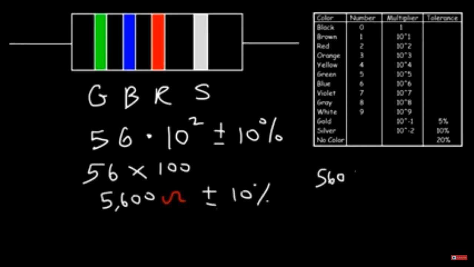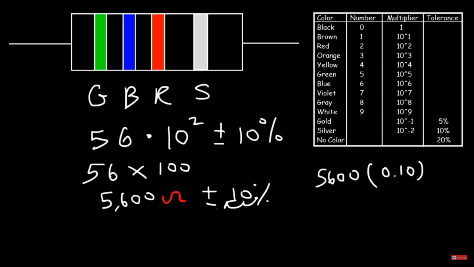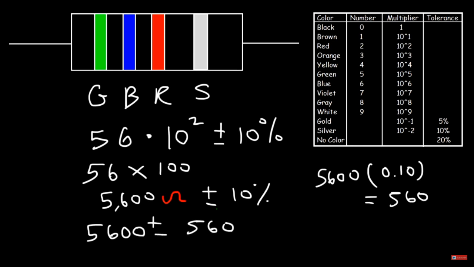Now let's calculate 10% of 5600. So 5600 times 10%, which is 0.10. To convert a percentage to a decimal, you can divide by 100 or move the decimal point 2 units to the left. 5600 times 0.10 is 560. So basically, we need to add or subtract 560. 5600 plus 560 is 6160, and 5600 minus 560, that's 5040.